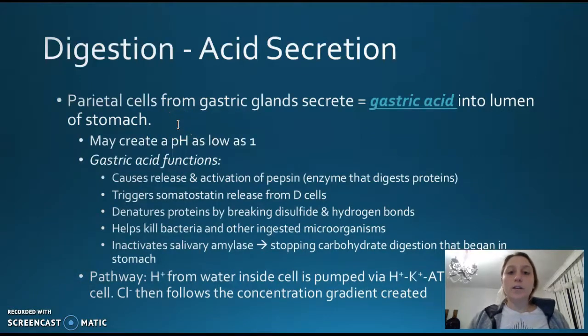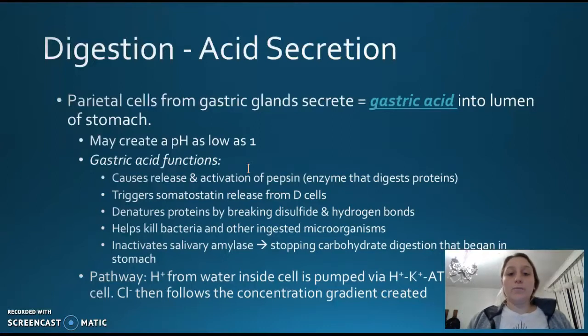Now, acid secretion. Parietal cells from the gastric glands secrete gastric acid, also known as hydrochloric acid, HCl, into the lumen of the stomach. This gastric acid can make the pH as low as 1, which is very acidic. Gastric acid has multiple functions. One is causing the release and activation of pepsin, the enzyme that digests proteins.